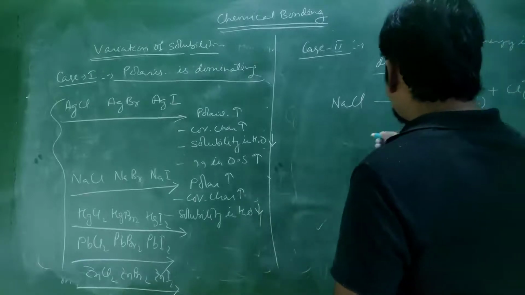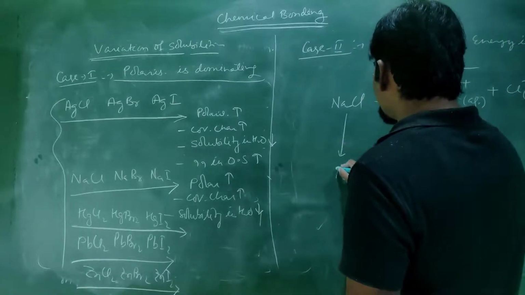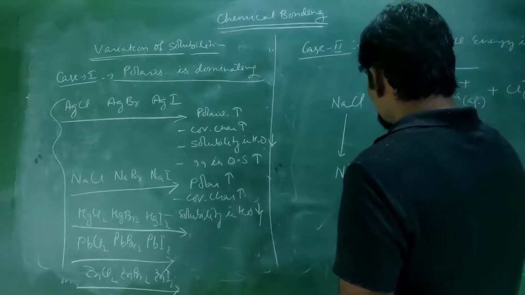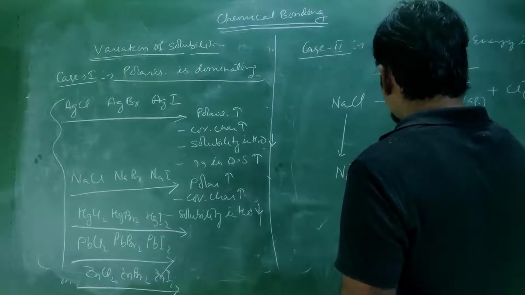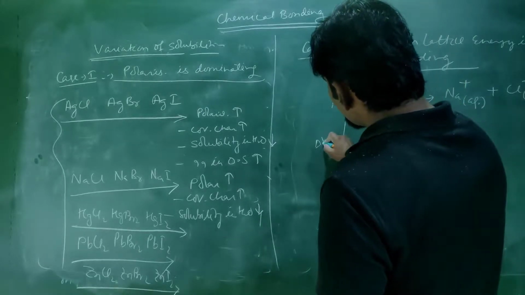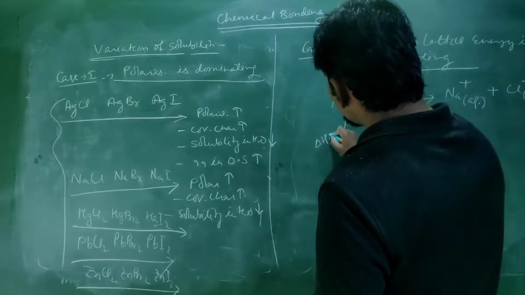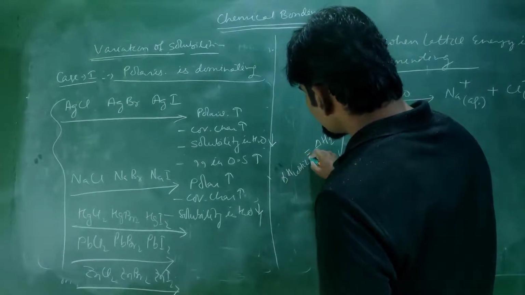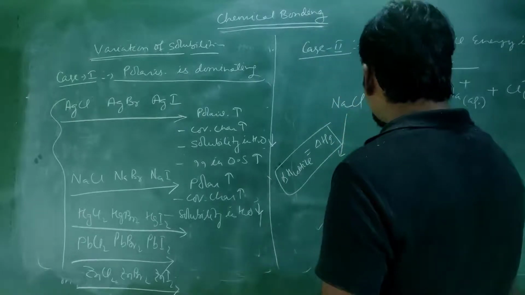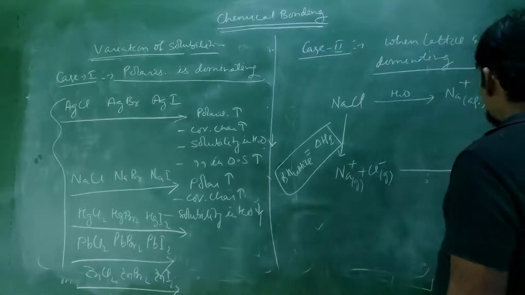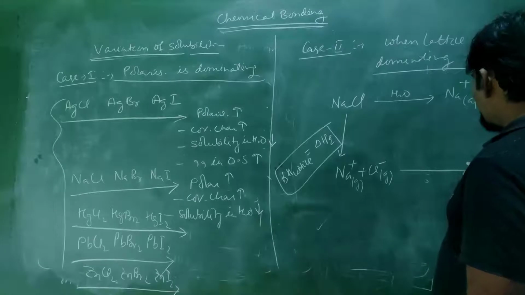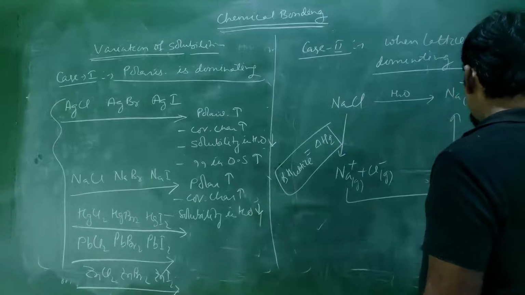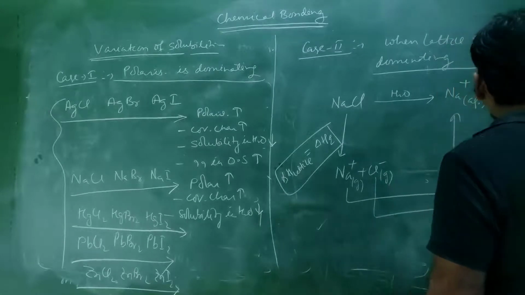So how did it happen? NaCl is converted to gaseous Na+ and Cl-. The energy involved is the enthalpy of lattice for this compound. Now Na+ is added in water, and Cl- is added in water.